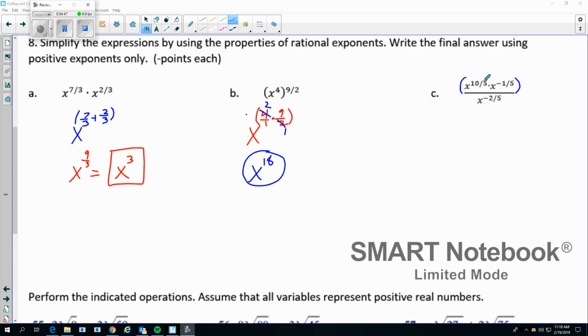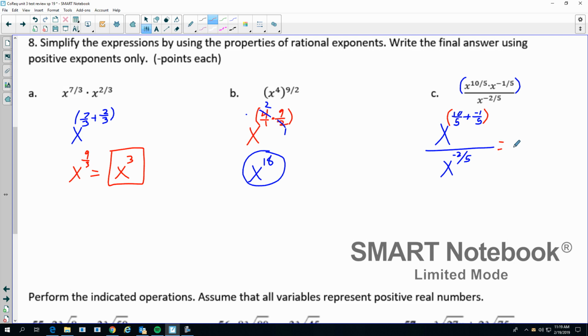We're going to have 10 over 5 plus negative 1/5, and I'll go ahead and write that out, all over x to the negative 2 over 5. Okay, so we can go ahead and add this together up here. That's going to give me x to the 9 over 5. And then on bottom I have x to the negative 2 over 5.